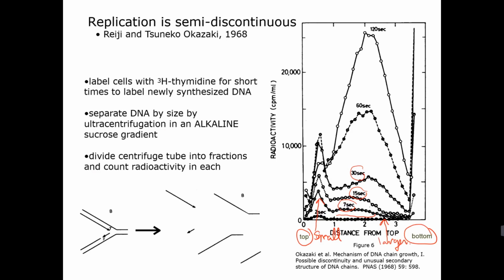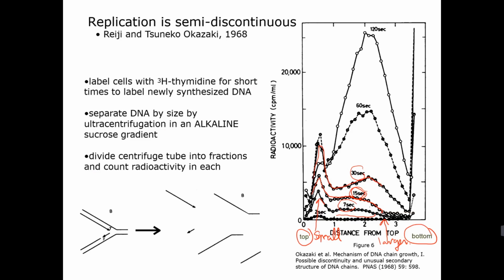Okay, so what they infer from this is that the DNA is being synthesized, even at early time points, as 2 different species: one short and one large. And this theme continues. If you go out to 15 seconds, we see the same type of graph. Even at 30 seconds, we have a nice peak with some smaller material, and then the larger material.